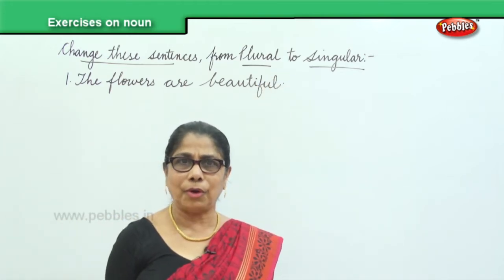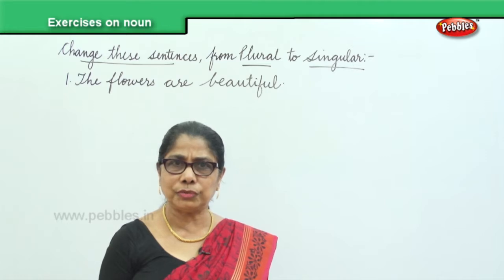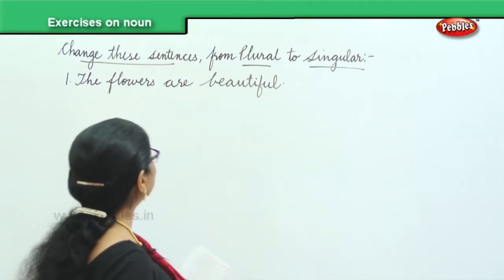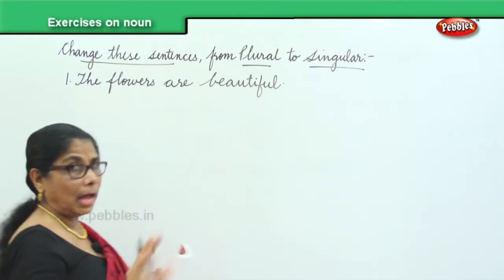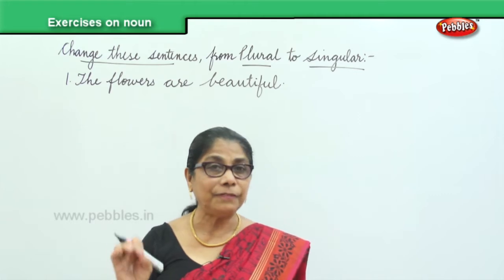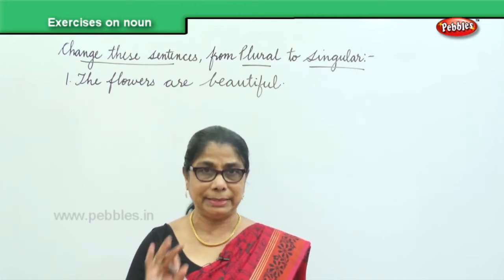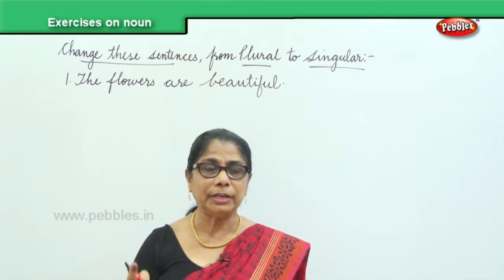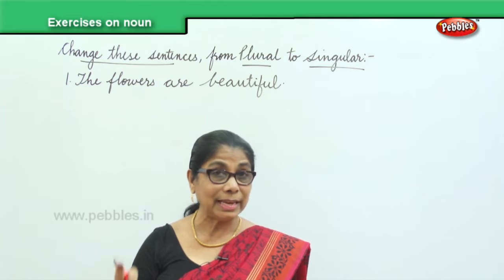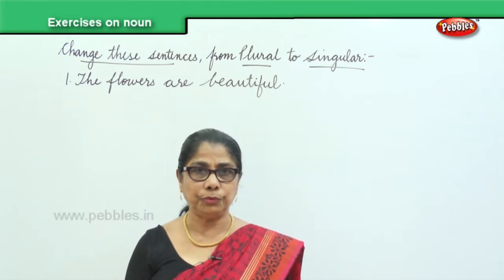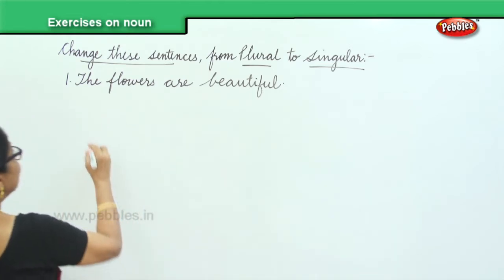And that's a plural form. And we're going to change it into singular. What will you say? Flowers become flower. So you will say the flower. R becomes S because it is singular. The verb has to be changed. So you will say the flower is beautiful. That's all.